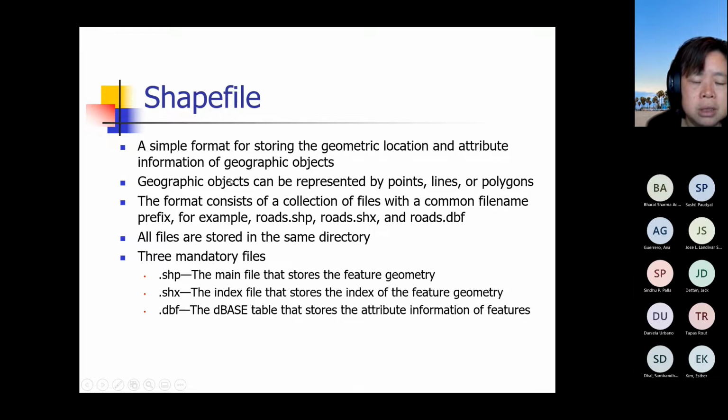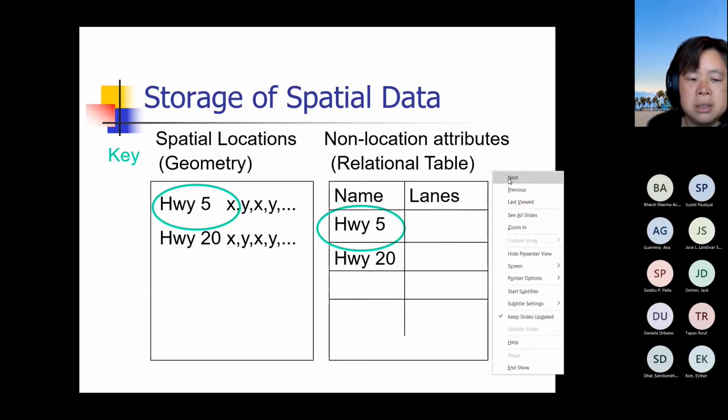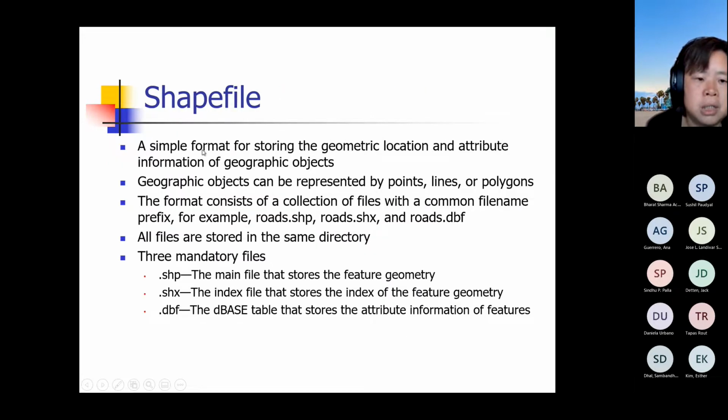And this format is not just one single file, as we mentioned previously. We will store the non-spatial information and the spatial location information separately. The same is true for this format. So this format actually consists of a collection of files, and they have the same file name prefix.